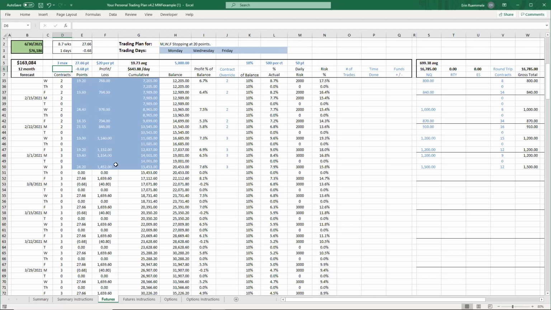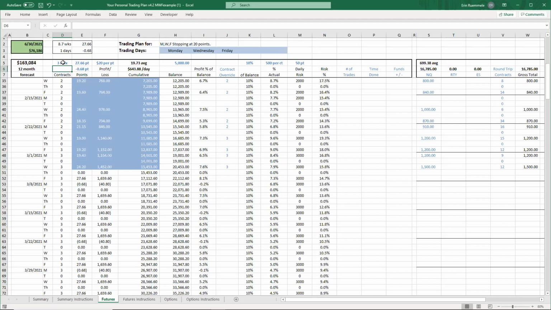But this right here helps you stay focused and not over trade, especially if you see here that you can stop at 20 points and maybe that's 4 trades into the day and still get close or maybe above your 12-month forecast. Everyone's a little bit different about what their return is, what they're looking for in 12 months. If this is a number that speaks to you starting at $5,000, that's great.